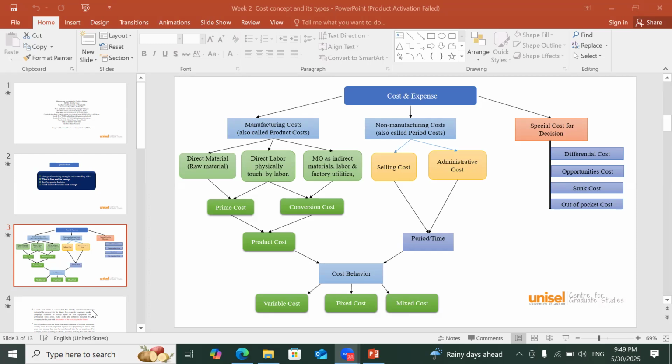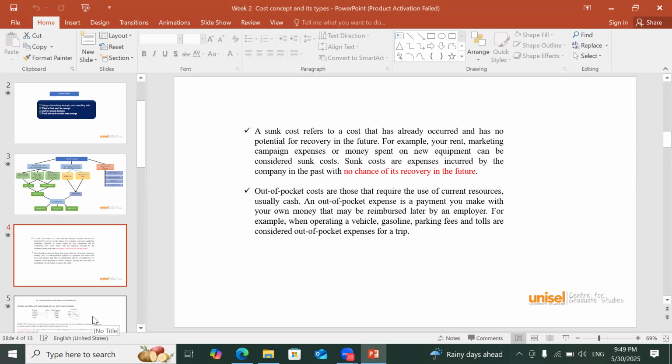Okay, I am going to another slide. I try to give a practical example of some important costs, sunk cost and out of pocket cost. Sunk cost I discussed before, and out of pocket cost I also discussed.